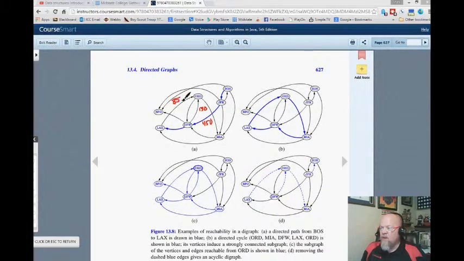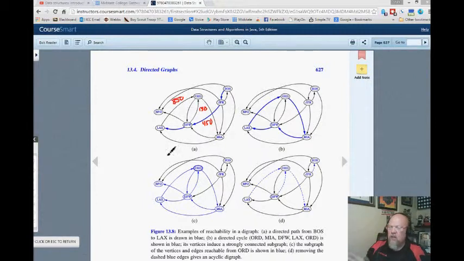Now we know how many miles it is from this vertex to that vertex. When we see numbers like that, that is what is called a weighted graph. It's weighted, meaning we know the numeric values between the vertices.